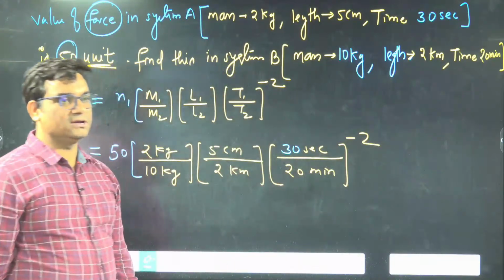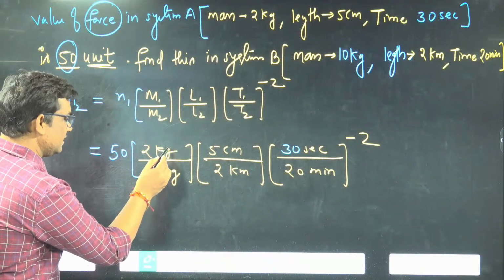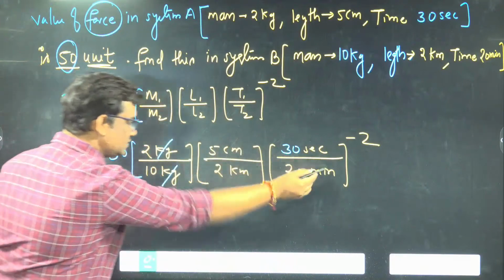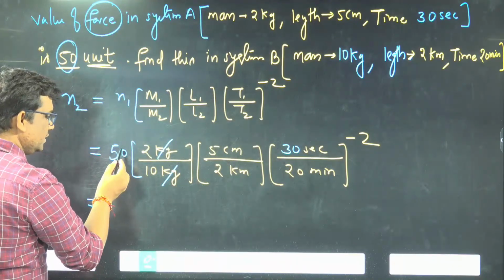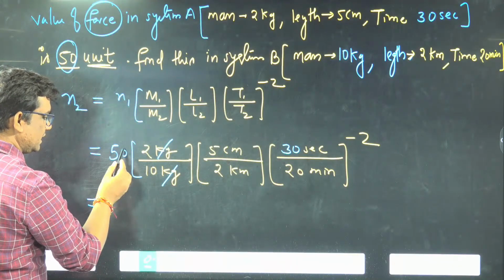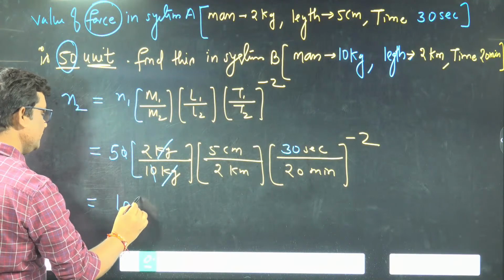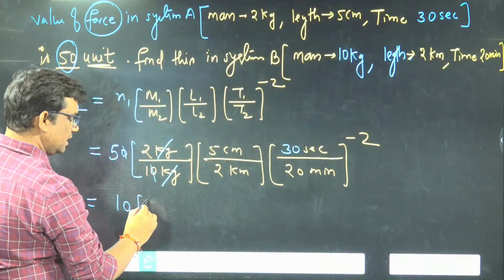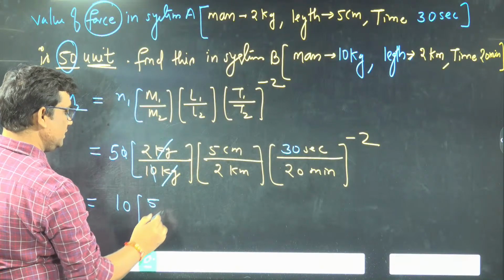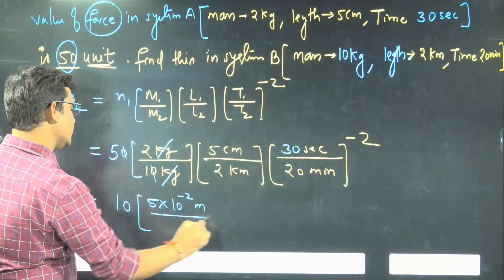Calculation I will not do, you have to do it. But here I can directly cancel kg. Other things are not cancelled as of now. So I can say 2, and this 0 I can cancel here. 5 into 2 will be 10. 5 centimeter is 5 into 10 power minus 2 meter, everything we can convert into meter.